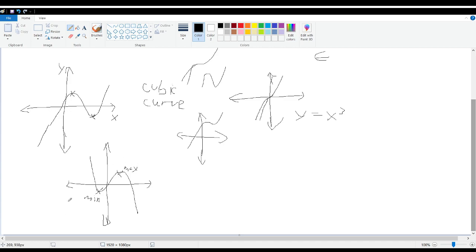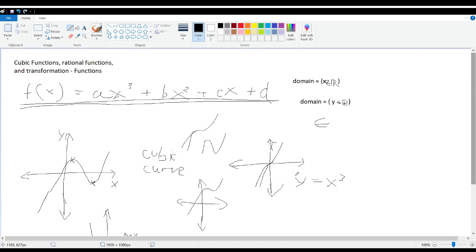When it asks you about the local maximum and local minimum, you just use a calculator, search it, or click on extremum, and the extremum will be either the local maximum or local minimum. The deeper one is the minimum, the one on top is the maximum. And this is basically cubic functions.